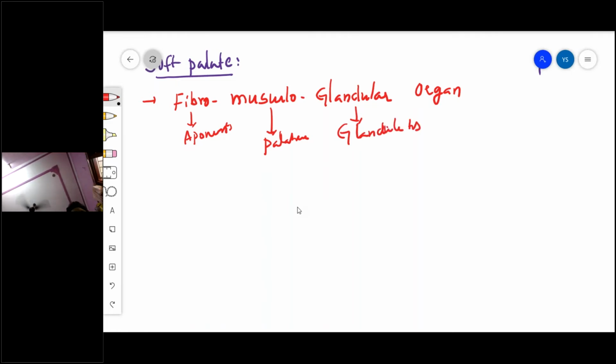They all join to form one soft organ, which is called the soft palate. This is the structure and the definition of the soft palate.